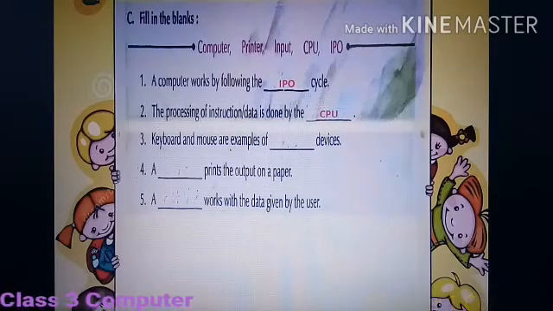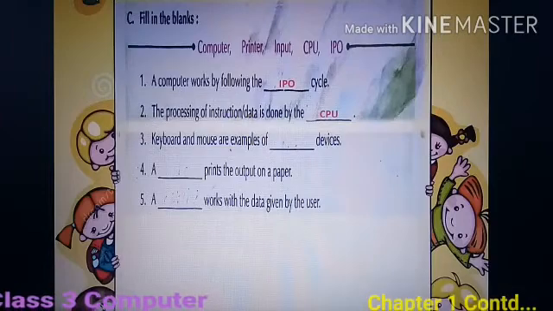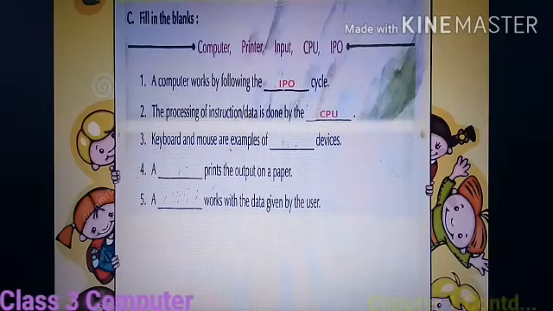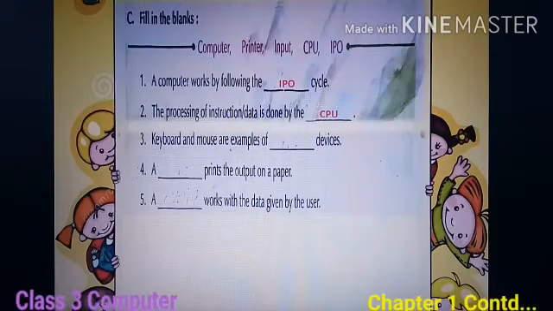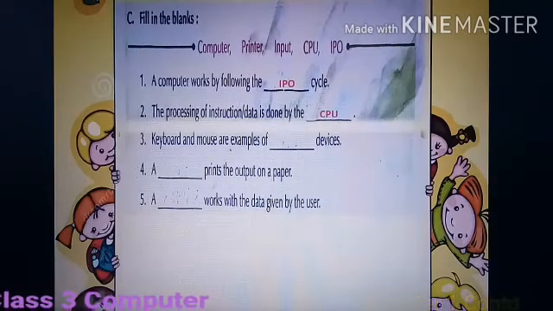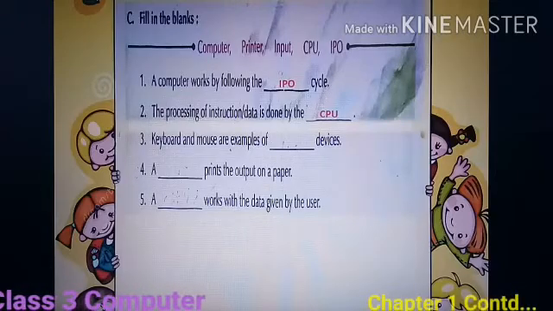Then the third question, keyboard and mouse are examples of dash devices. Can you say what it is? Yes, you are right. Keyboard and mouse are examples of input devices.